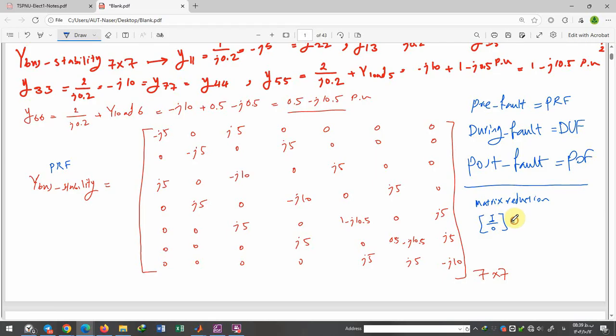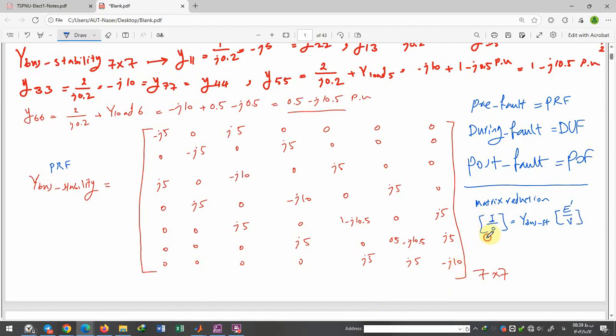So we have here Y bus stability. After that we have the voltage matrix. On the buses connected to generators, we have EMF, and other buses have regular voltage.